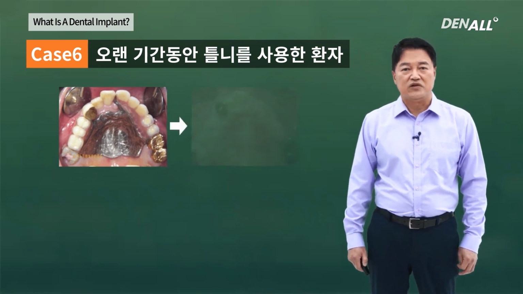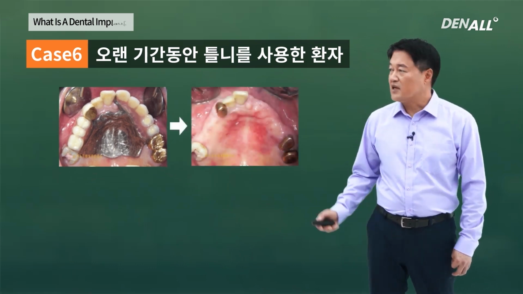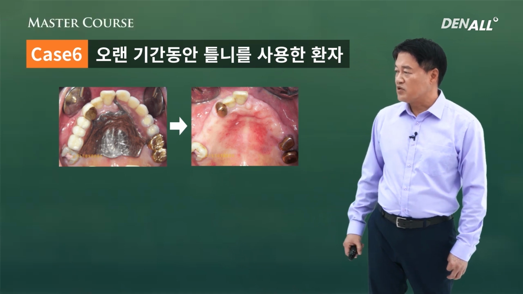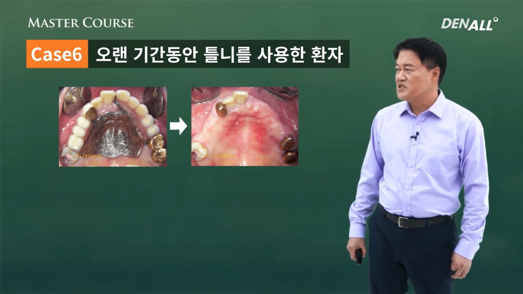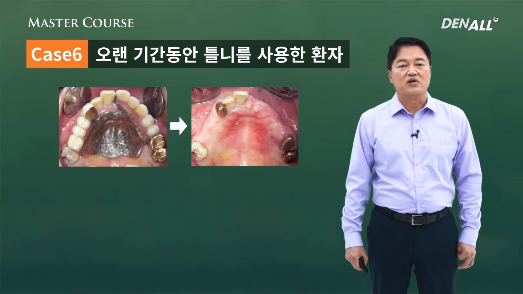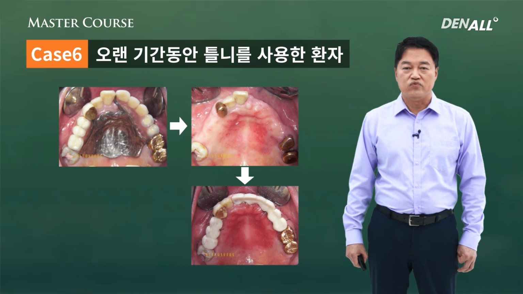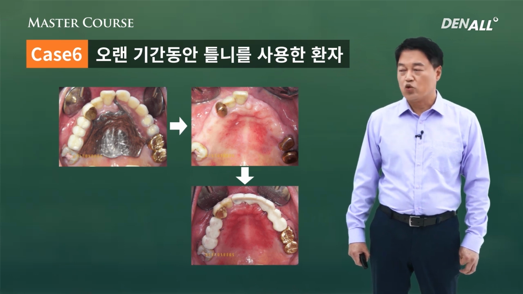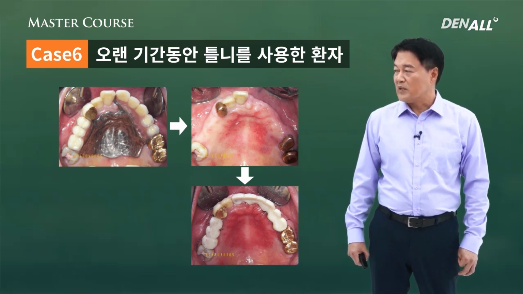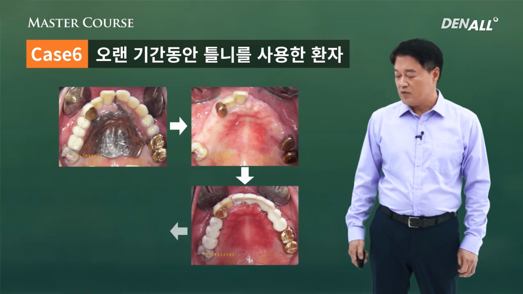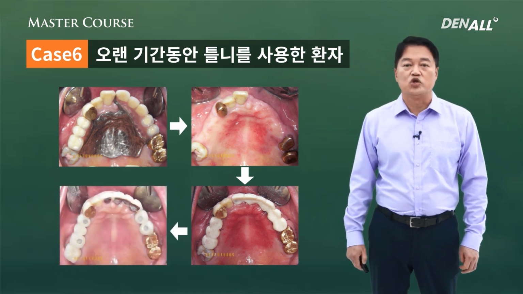If you look at the patient, when the denture was removed, on the palate there's a very severe sore spot, and whenever there was food in there, it would be stimulated and the patient was not able to have a meal because of pain. Implant was placed and immediate loading was done, and final prosthesis was delivered.